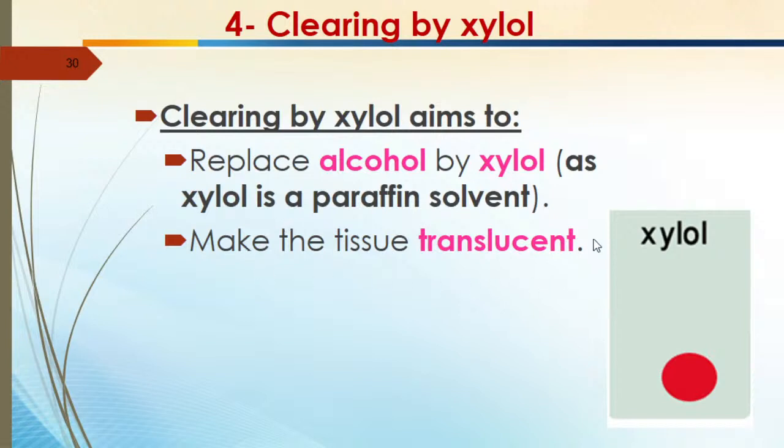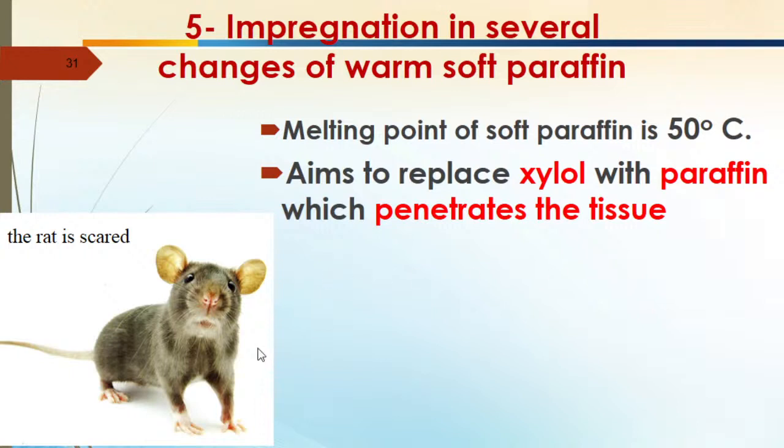It makes the tissue translucent. After the xylol bath we can impregnate the tissue with soft paraffin, melted at a temperature of 50 degrees Celsius, to replace xylol with paraffin, which penetrates the tissue.